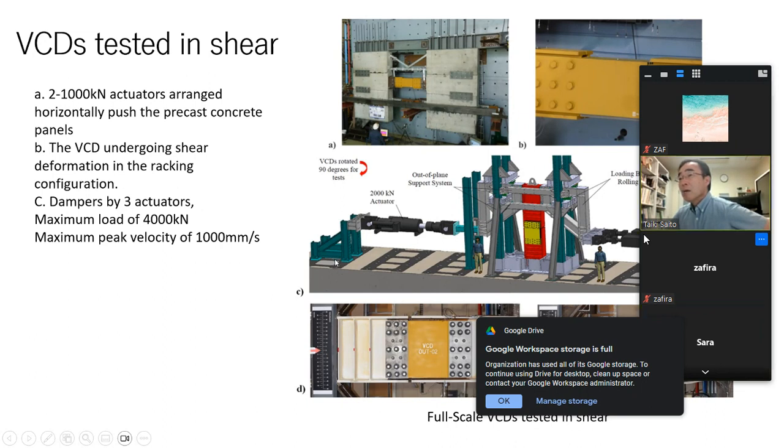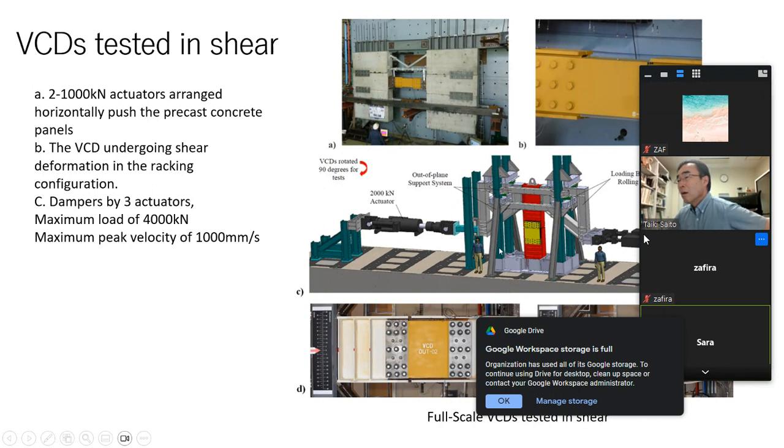And for C, the dampers are tested by 3 actuators capable of achieving a maximum load of 4,000 kilonewton and a maximum peak velocity of 1,000 millimeter per second.